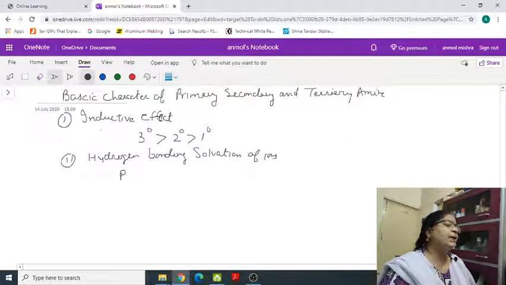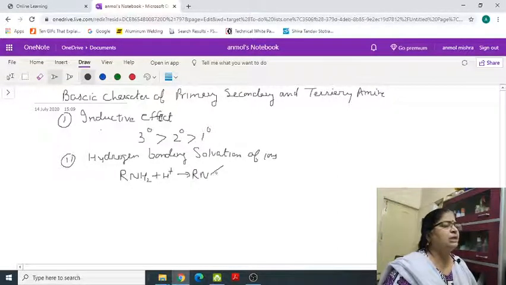Now primary amines, after accepting proton, form RNH3 plus. So it can form 3 hydrogen bonding.